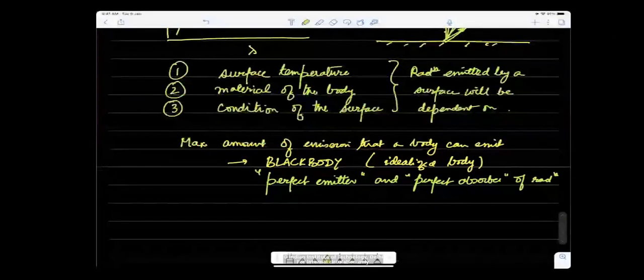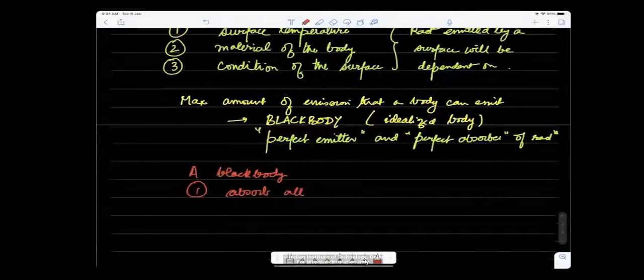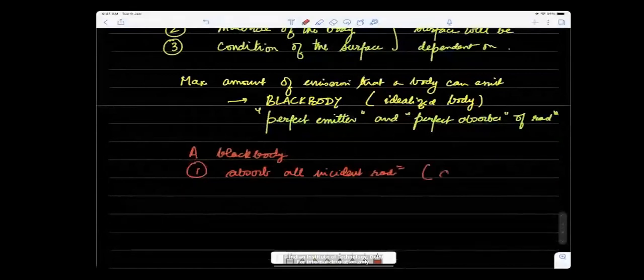So please remember, a black body is one that absorbs all incident radiation. That would mean that for any wavelength, it is not being said of a certain wavelength only. For all wavelengths, it will absorb all incident radiation.